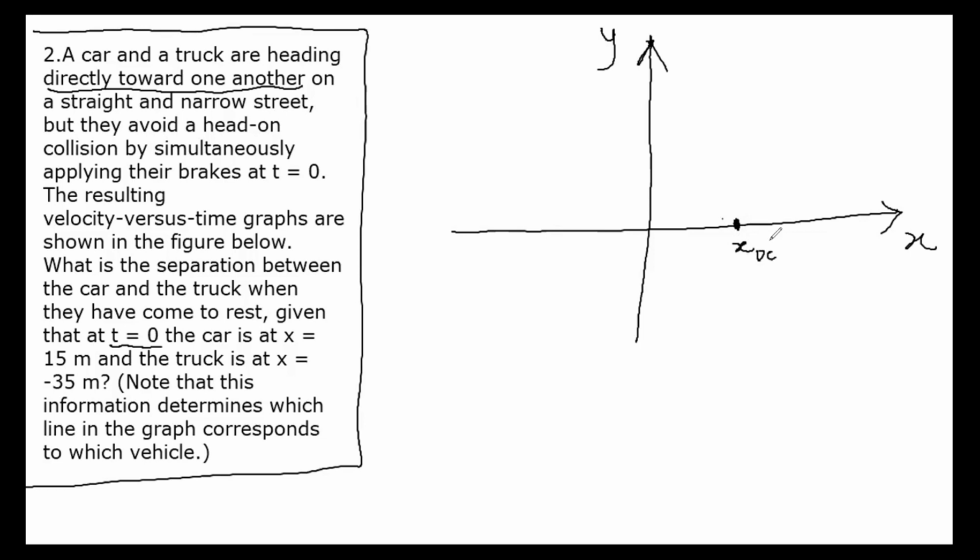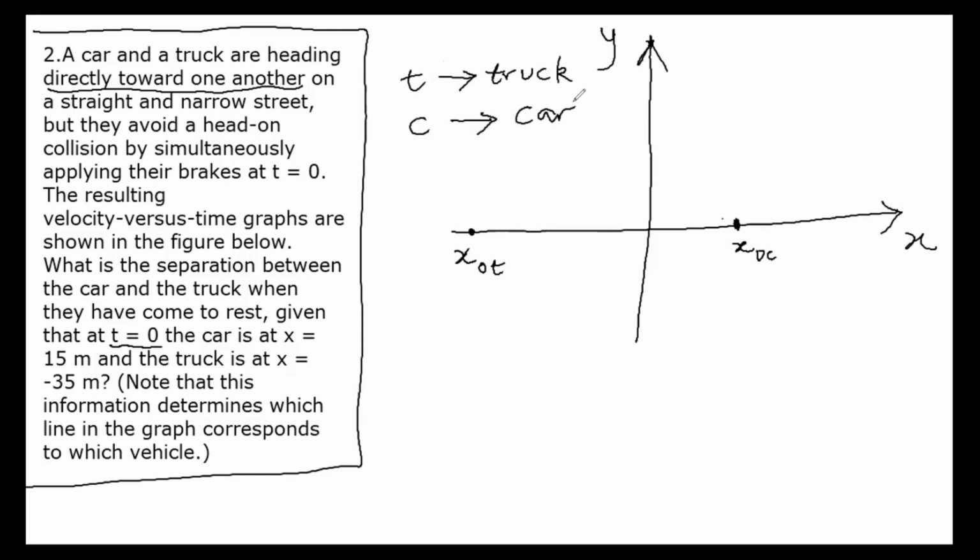And then the truck is at minus 35 meters, so minus is on this other side. This diagram, remember, is not to scale. So this is the initial position of the truck. I'm saying that T represents the truck, so everything that has a subscript of T will be for the truck, and C represents the car, because everything that has a subscript of C will be for the car.